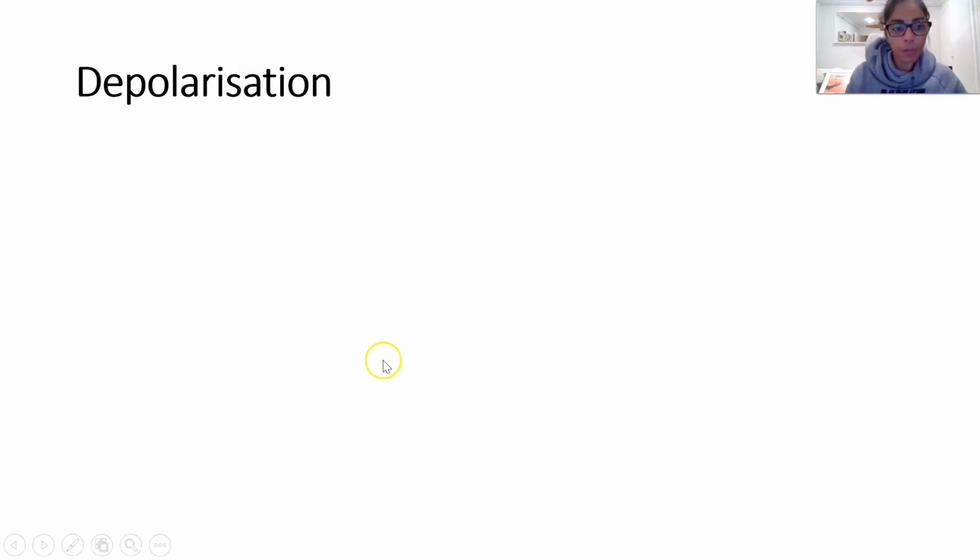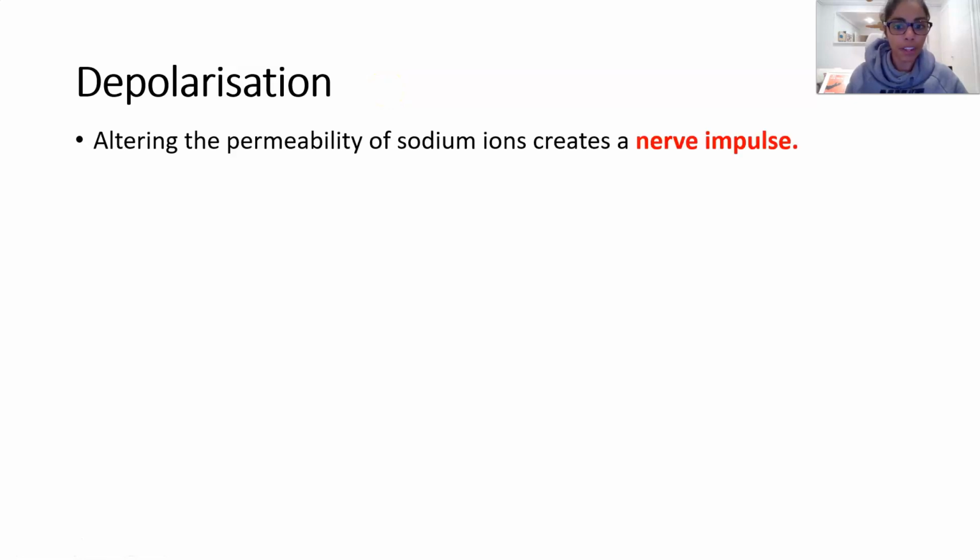All right, so now we're going to be looking at the first part of our action potential or nerve transmission, and that is something called depolarization. So when we alter the permeability of sodium ions, so that means the gaps in the potassium channels and the sodium channels widen, their ions can start to move down their concentration gradients.